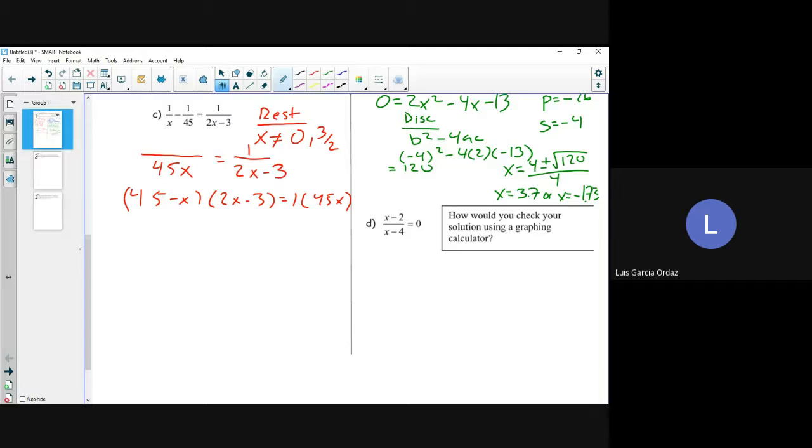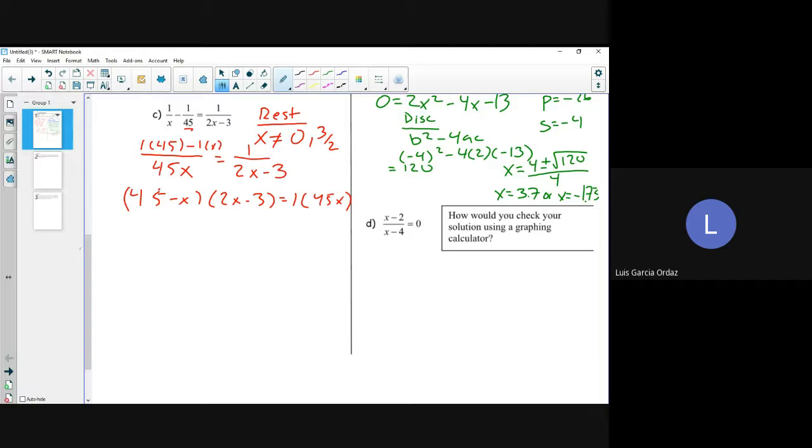But what's missing from it? 45. So you do 1 times 45 minus, and the second fraction has 45 as its denominator. What's it missing? An x. Okay, I got it now. So you get 1 times x. So it's just 45 minus x. Makes sense. Yeah, whatever you do to the bottom, do to the top.